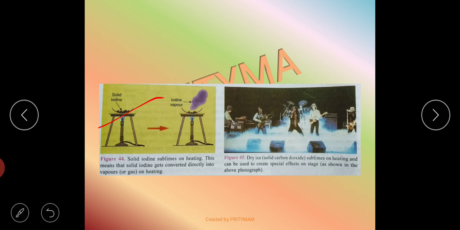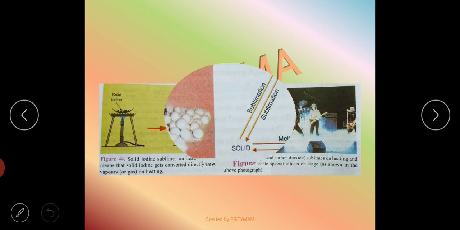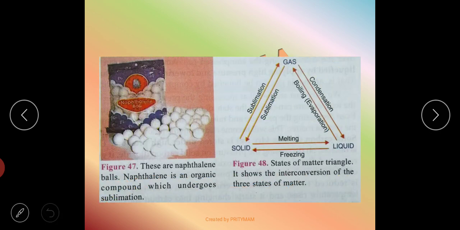And you will also see that solid carbon dioxide sublimes on heating and can be used to create special effects on stage, as shown over here. Naphthalene is an organic compound which undergoes sublimation.